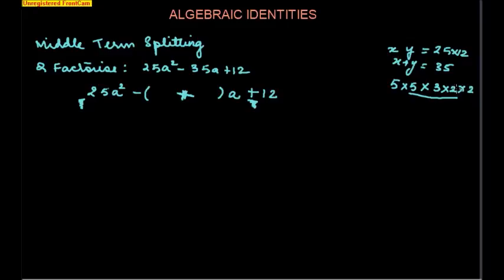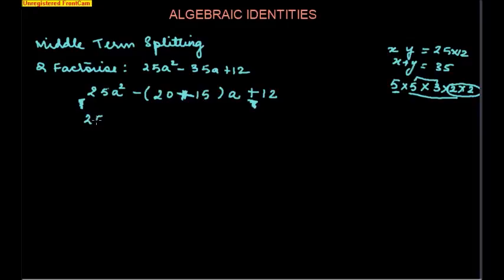So 30 and 10, their sum is 40, which is not valid. I make another grouping. I take 5 into 3, 15, and the remaining two, 5 into 4, becomes 20, which gives me the sum as 35. So I write down 20 and 15.